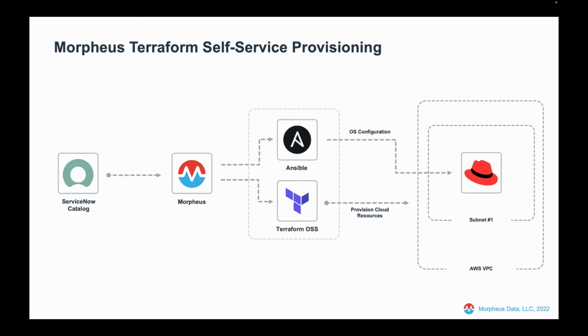There's also the possibility to use a self-service catalog item within the Morpheus platform without ServiceNow, but ServiceNow is certainly a common pattern we see from an IT request standpoint. Morpheus then enables the orchestration or trigger of open source Terraform for provisioning of the cloud resources: the VPC, the subnet, as well as the EC2 instance.